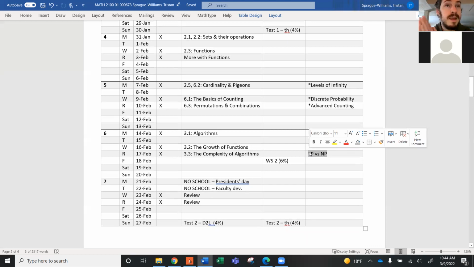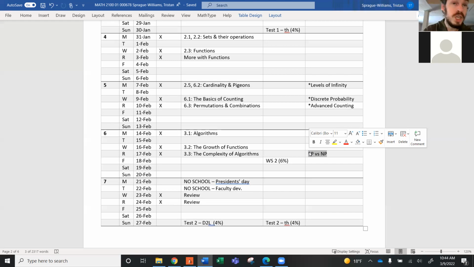P and NP. P and NP, this is a huge topic. We talked about complexity of algorithms, and that idea of polynomial complexity and exponential complexity comes in. You can take that and study things called complexity classes, which are basically a study of how feasible it is for computers to solve a problem in a reasonable amount of time.